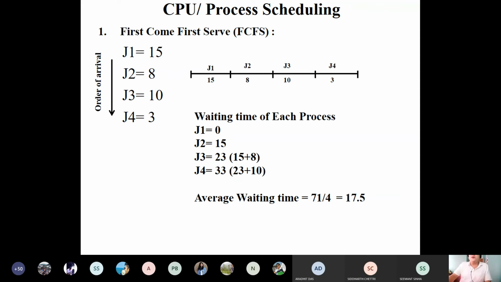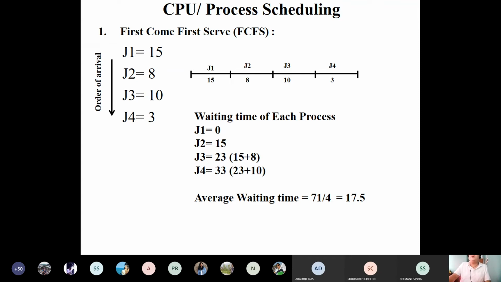Now we have seen this. Job J1 has not waited for the CPU at any moment. Immediately on arriving in memory, J1 was able to get the CPU and execute. After executing 15 units of J1, J2 has waited for J1 to complete. Since the burst time, or CPU usage time, of J1 is 15 units, J2 has to wait for 15 units.